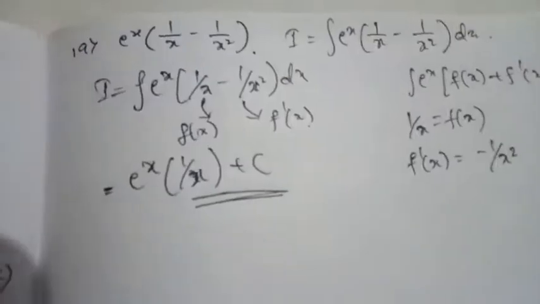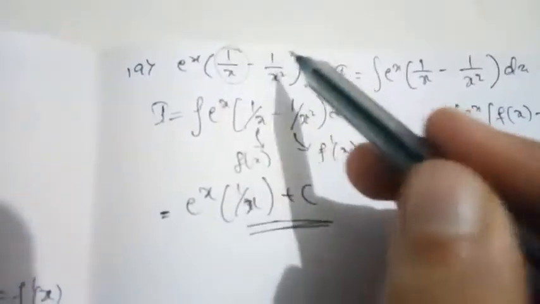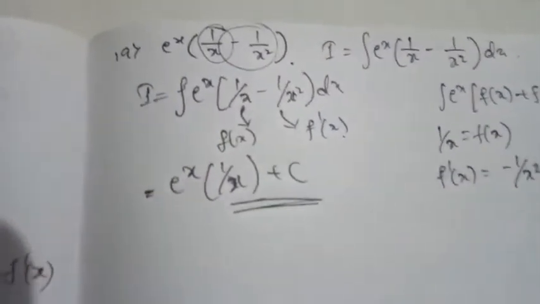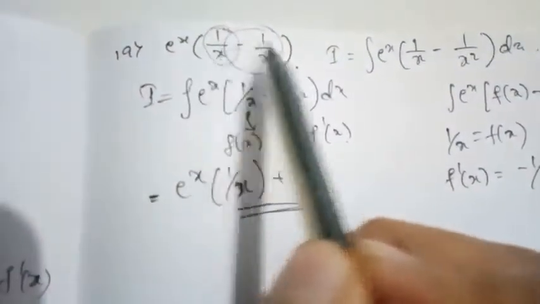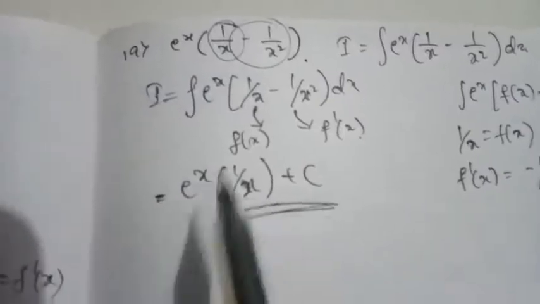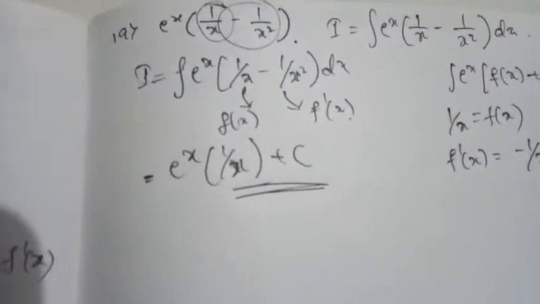So this is the integral of the given question. So this is the direct question here. By looking at it, those who are very familiar with integration and differentiation, who can recognize that the differentiation of 1 by x is minus 1 by x², can easily recognize which format the question is in and get the answer for this type of question easily.